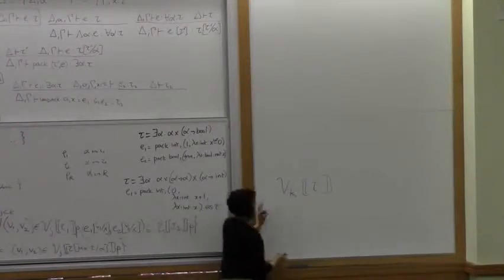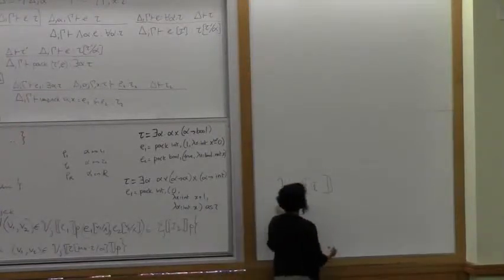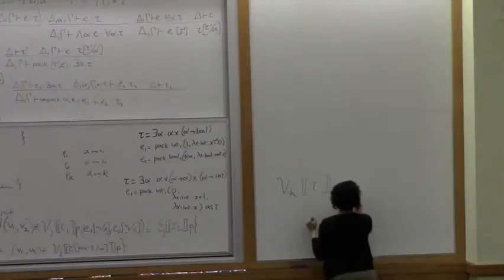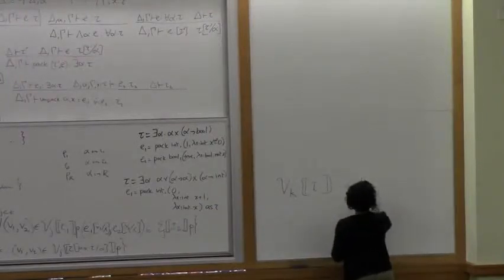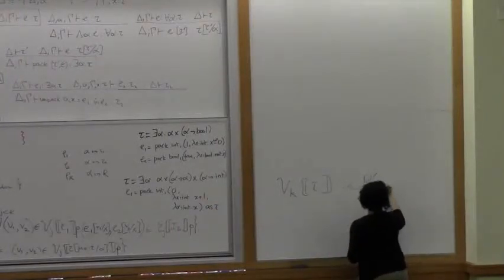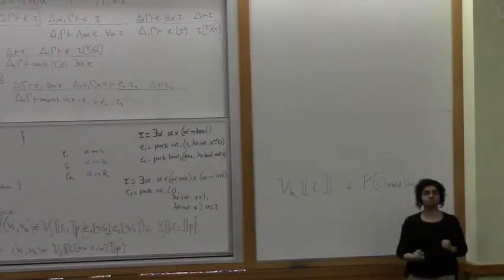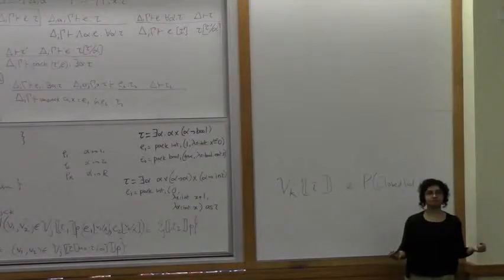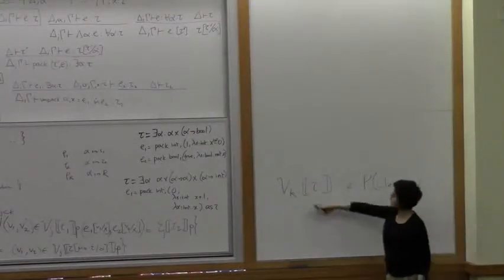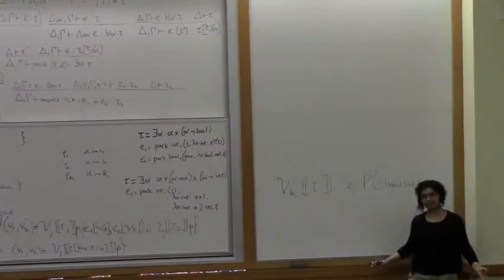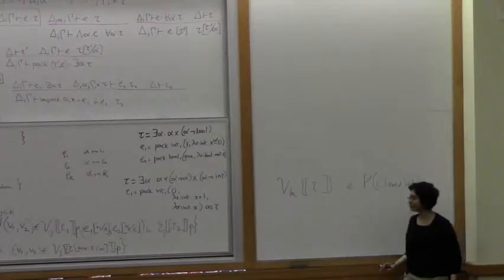I just want to get one notational thing out of the way. So yesterday this was basically a member of the power set of closed values, because it was a set of closed values.